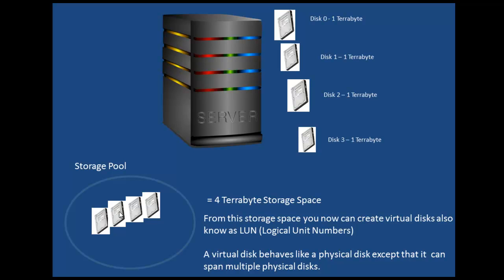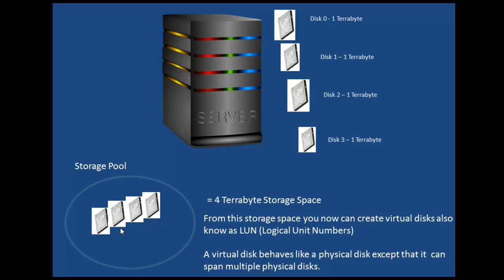So it lets me span multiple disks. For example, if I decided that my 1 terabyte was not enough for storage, the disk was becoming too full, what I could do is I could create a logical unit number using space from the other disk.